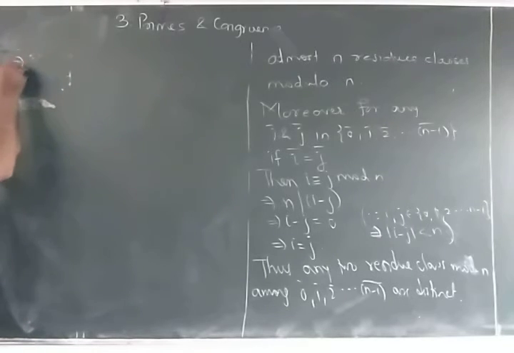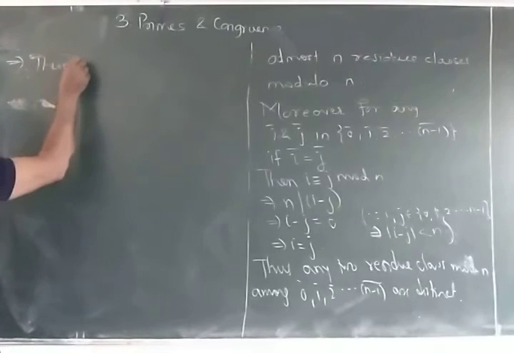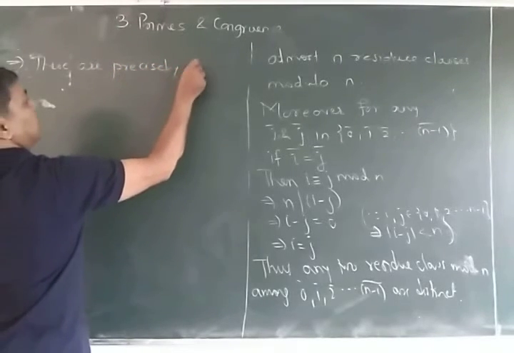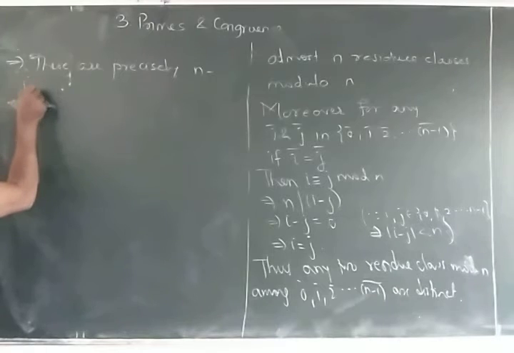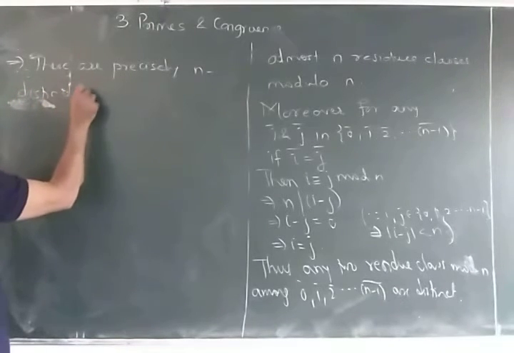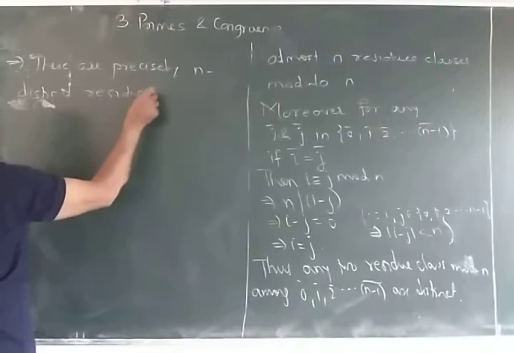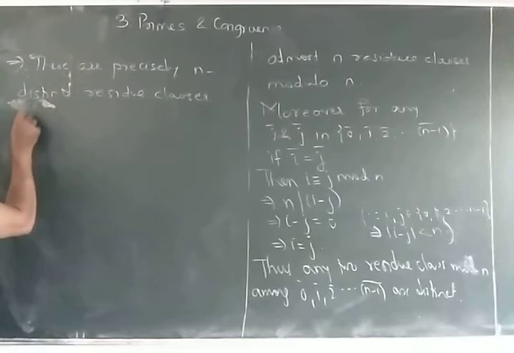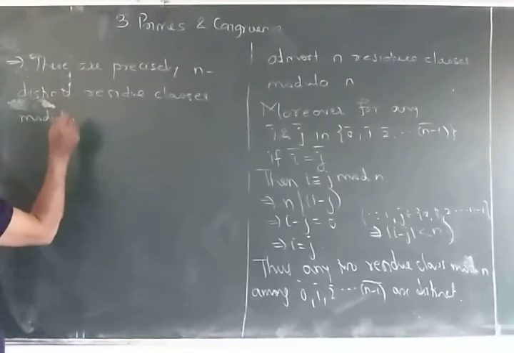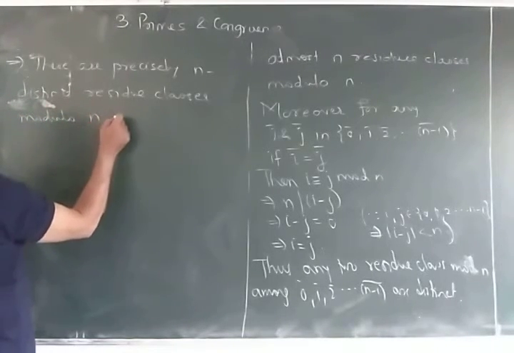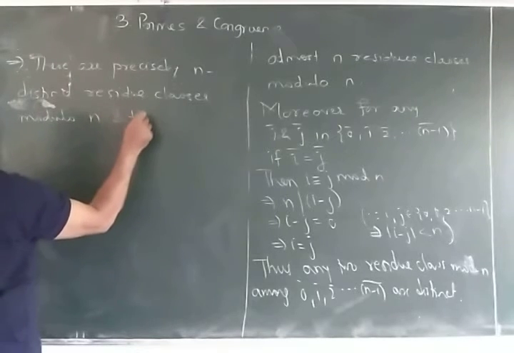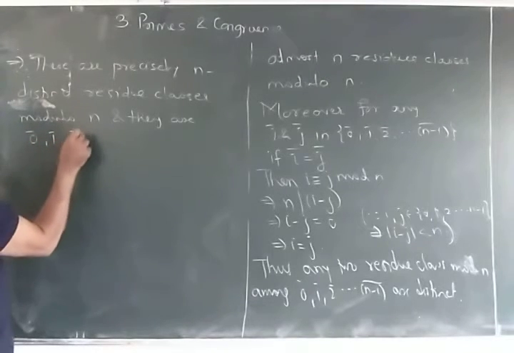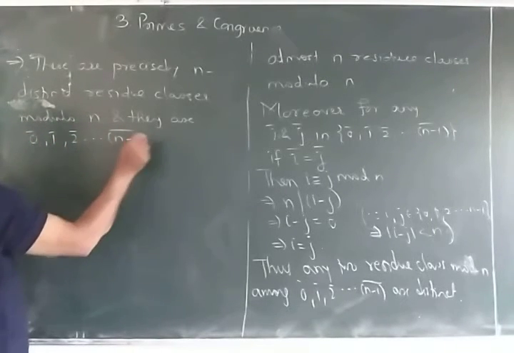Which implies there are precisely n distinct residue classes modulo n, and they are 0 bar, 1 bar, 2 bar up to n minus 1 bar.